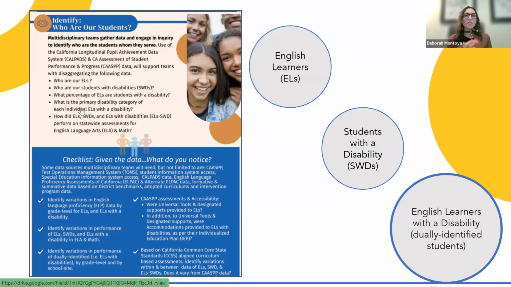So as we think of tier 1 core instruction, given the data that we have, we could first ask, how are we working in support of our English learners, our students who are identified as needing additional support, core instruction for English learners in general education environments? And then we layer and ask questions about our students with disabilities and then our English learners with disabilities. Given the data, what do you notice?